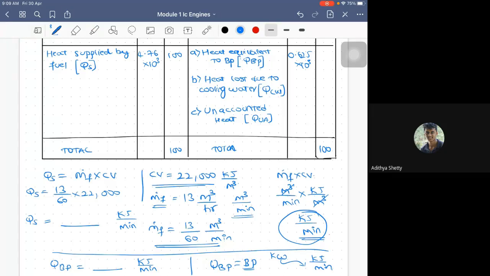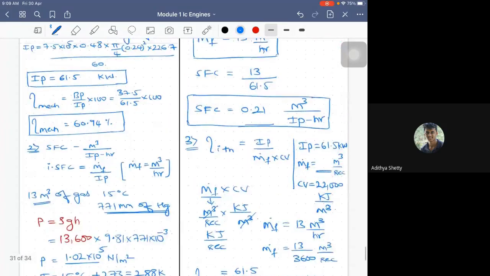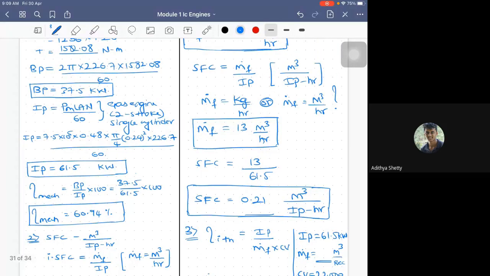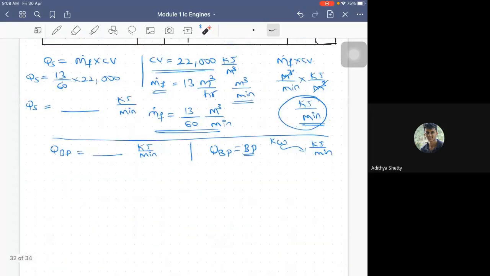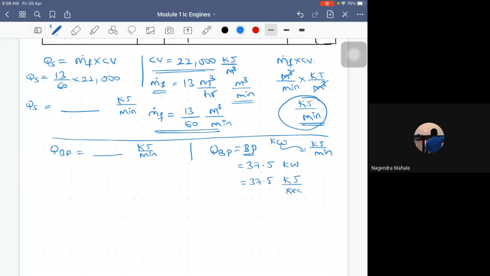So what is the value of BP you have got? The value of BP is how much? 37.5 kilowatts, right? So kilowatts in the sense, again, it is 37.5 kilojoules per second.